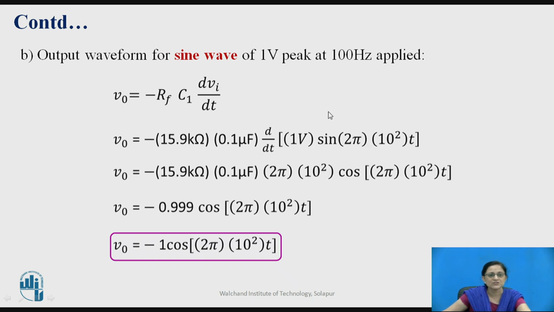So we know the equation for the output voltage for the differentiator circuit, which is equal to minus RF C1 d by dt of Vi, where Vi is the input signal. Minus sign as it is, RF equals 15.9 kilo ohm and C1 equals 0.1 microfarad. d by dt of the input signal means you are taking the differentiation of the input signal for the differentiator circuit.